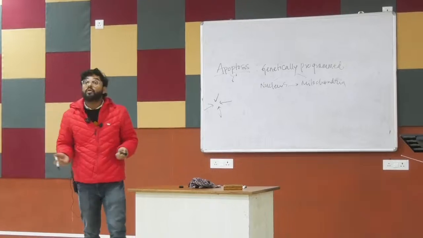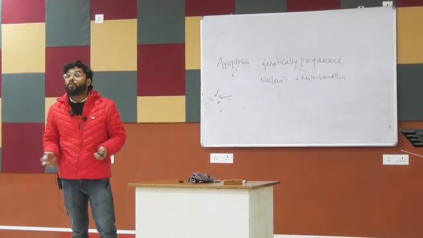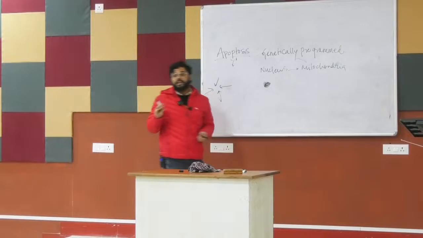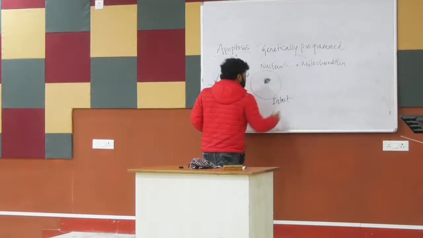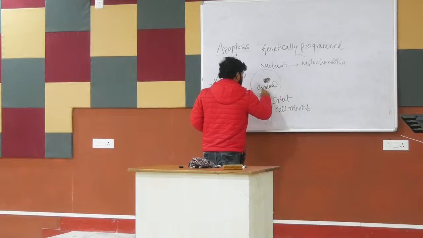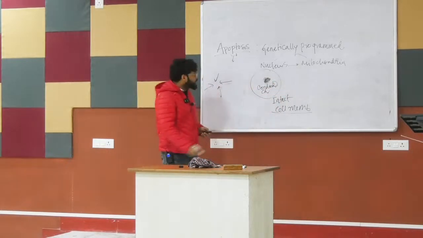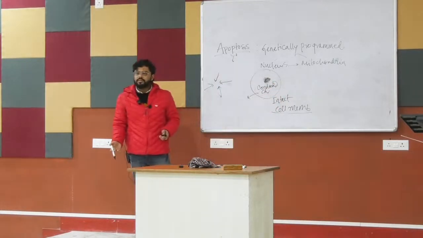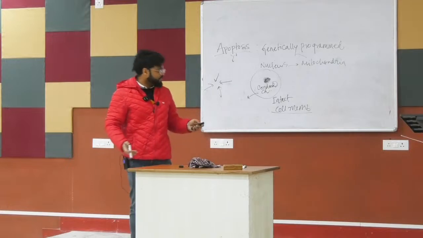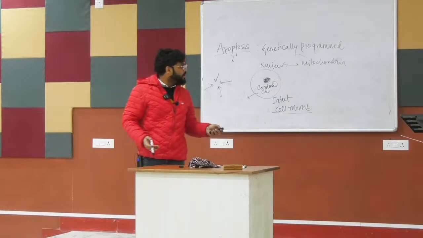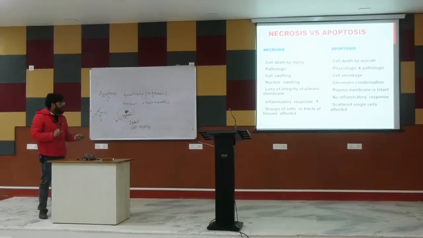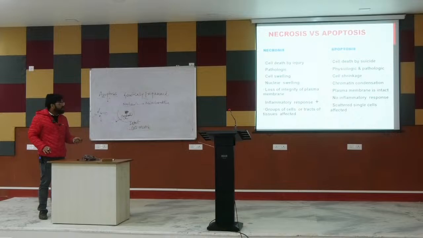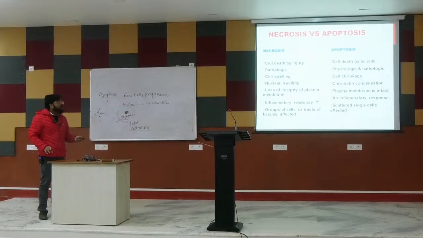Because there is chromatin condensation, pyknotic type, and the chromatin is intact. So basically there will be cell shrinkage, condensation of chromatin, and the plasma membrane is intact.